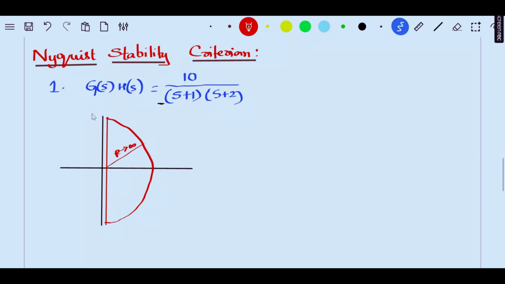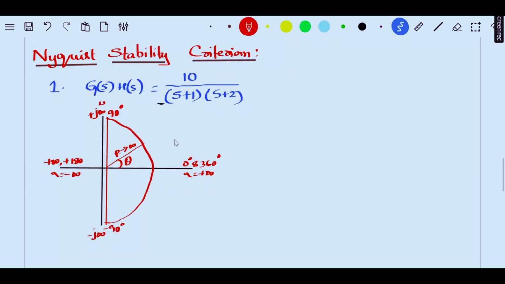I'll have plus j infinity where omega is infinity, here minus j infinity where omega is minus infinity. The angle is minus 90 degrees and plus 90 degrees here, and here the angle is 0 degrees and 360 degrees. This is angle theta, and here the angle is minus 180 and plus 180. This side is real value towards minus infinity, and if you go this side, it is real value towards plus infinity. So this is the basic contour diagram.